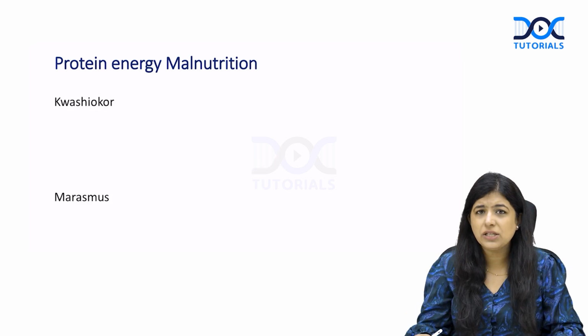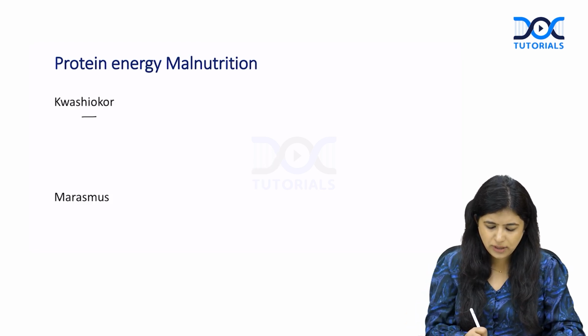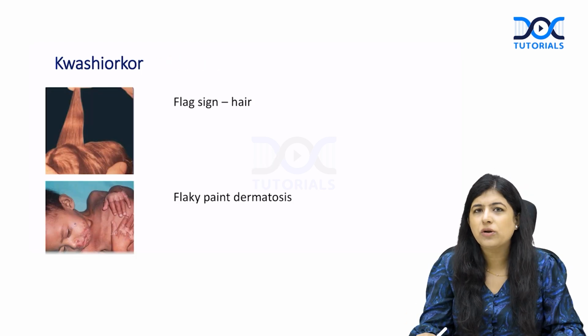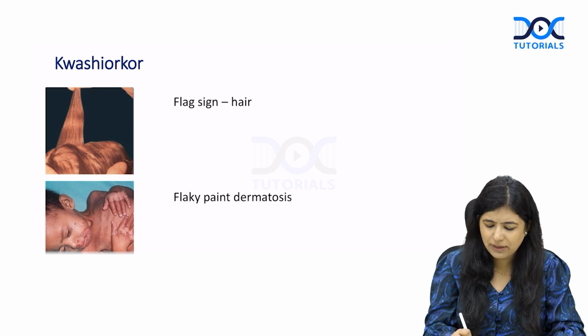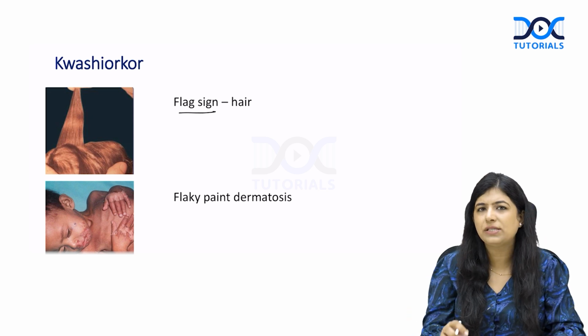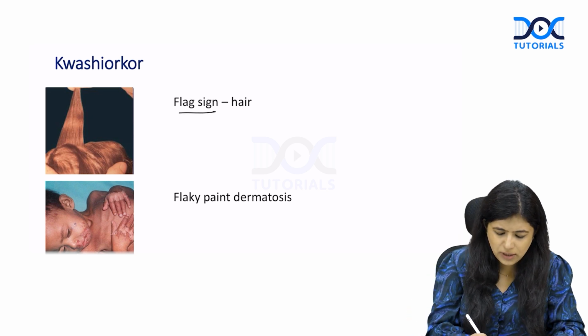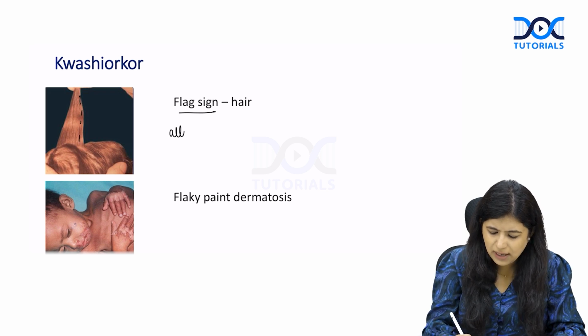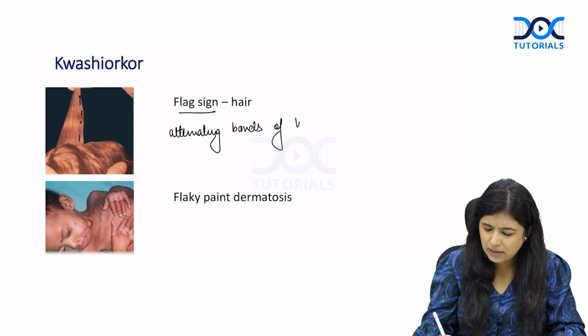Coming to protein energy malnutrition, where we have kwashiorkor and marasmus. In kwashiorkor, the two important features on the skin that we see are the flag sign, which is seen in the hair, that is alternating areas of light and dark hair. So what you see are alternating bands of light and dark hair.